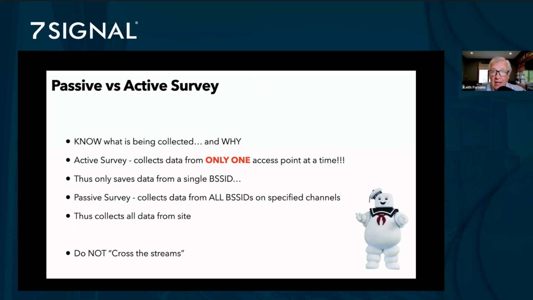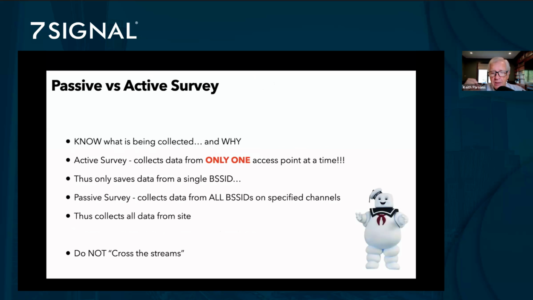Now, I fell in love with active surveys 20 years ago when AirMagnet had one, and I believed the marketing hype. They're like, isn't it so much better? We do an active survey and we actually ping and we collect real data. It's not just RSSI, we're getting throughput.